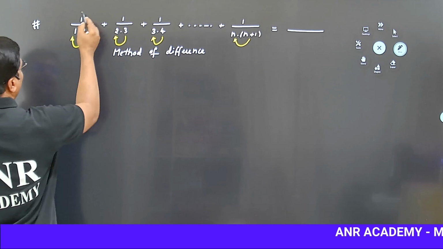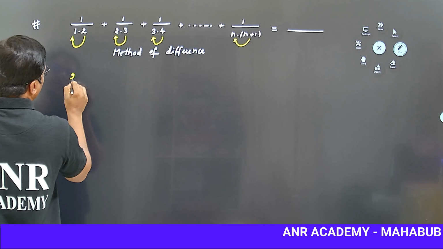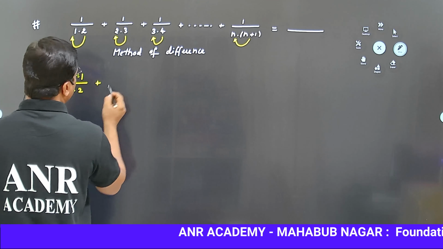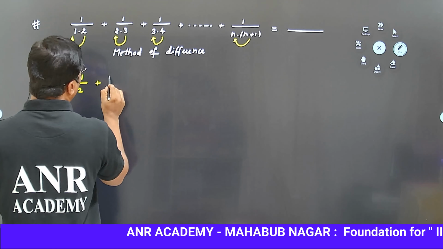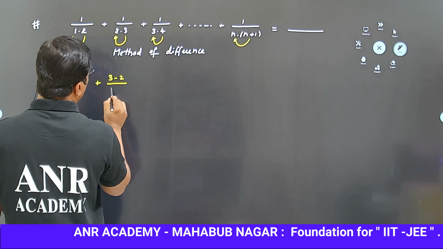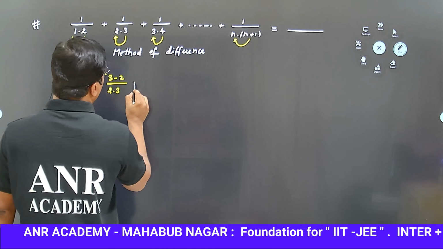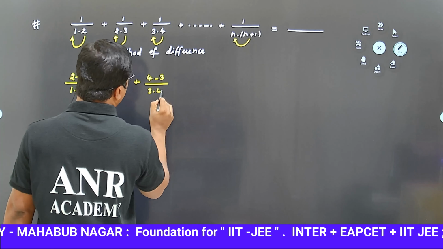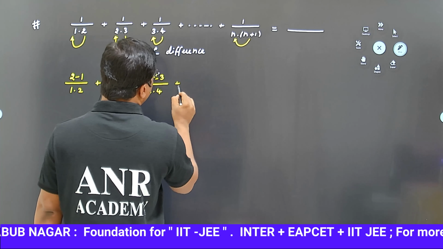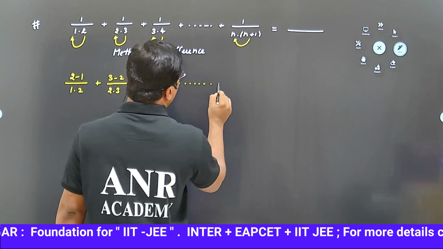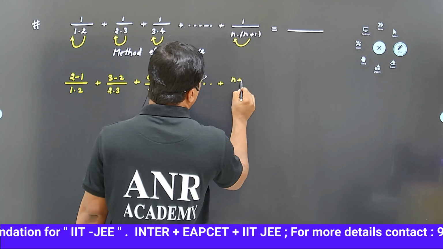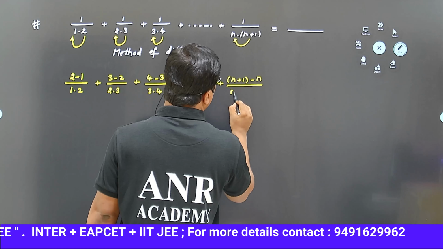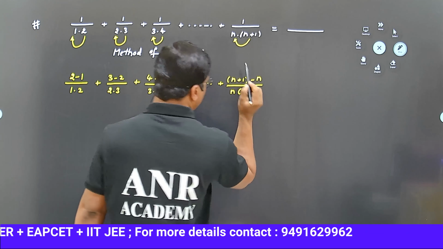So the numerator 1 is rewritten as 2 minus 1 divided by 1 multiplied by 2, plus the second term I can write 3 minus 2 divided by 2 into 3, next plus 4 minus 3 divided by 3 into 4, plus and so on, plus n plus 1 minus n whole divided by n of n plus 1.